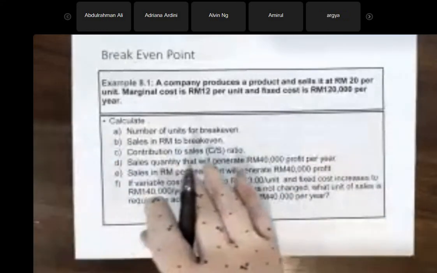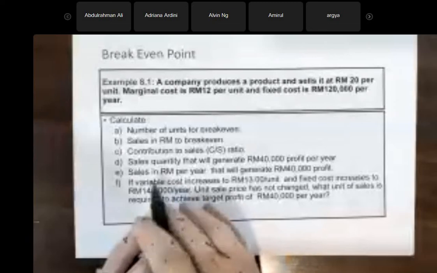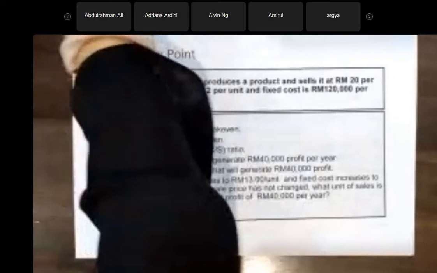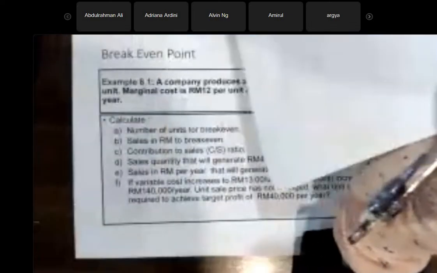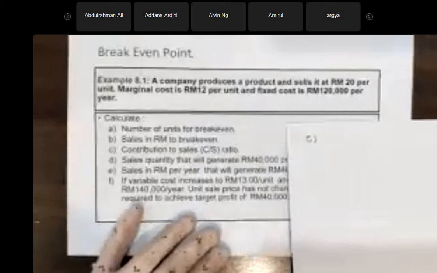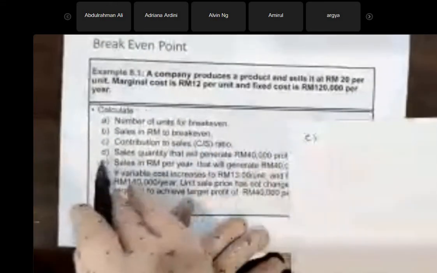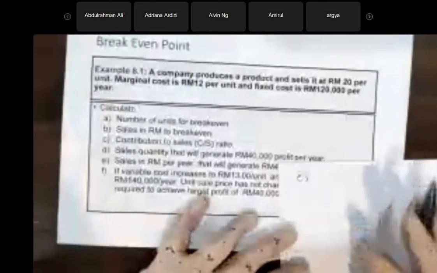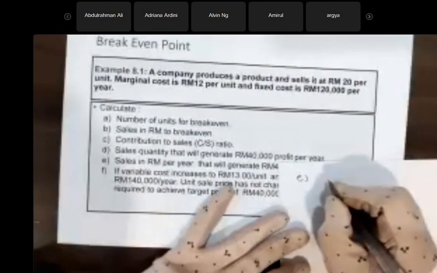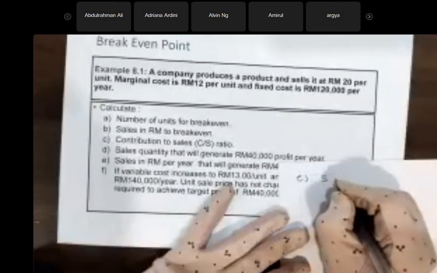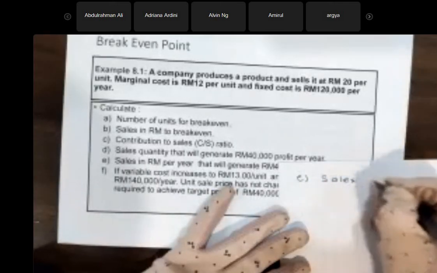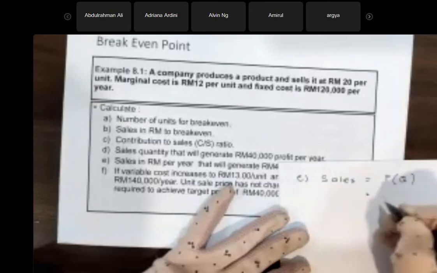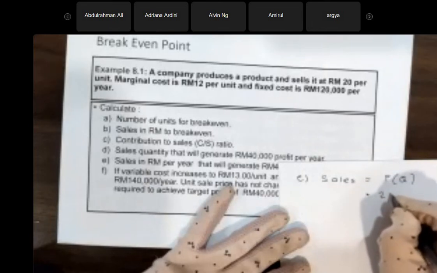Sorry, it's raining. What was the question? Sales in RM per year that will generate 40,000. How do you want to solve? By using the quantity from E, which is 20,000. You know that sales equals price times Q. The price is 20 ringgit per unit.